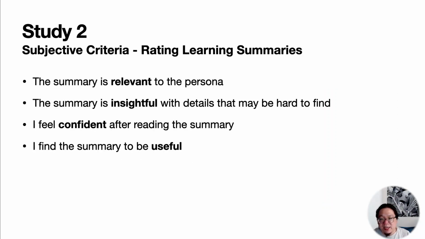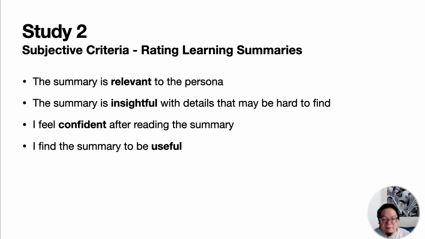The first one was how relevant it was to the persona. This is based on how participants in the preliminary interview said that they sometimes get lost in the research process and it can be difficult for them to focus on the important criteria that they set out to investigate. The second one was how insightful the summaries were. This aimed to measure the amount of information that they've learned in that 20-minute time period.